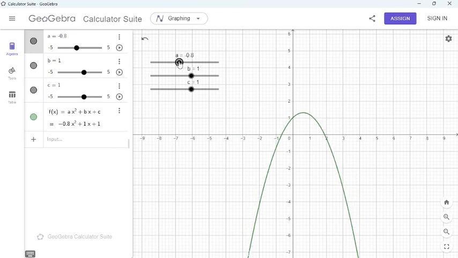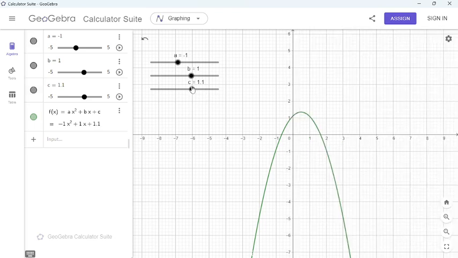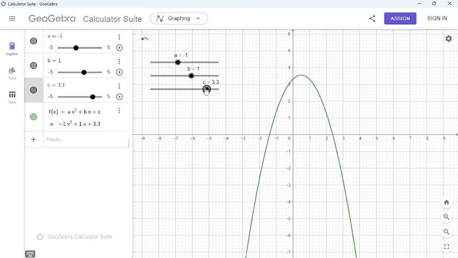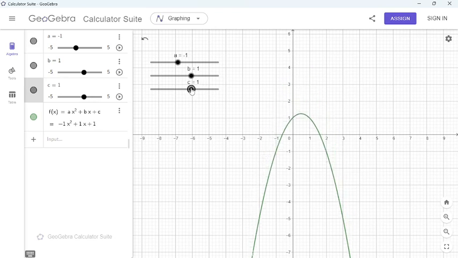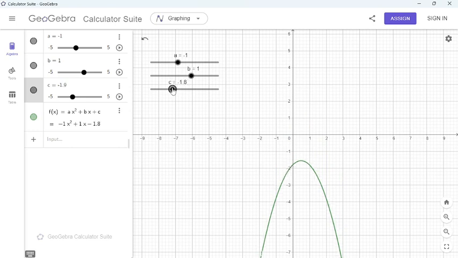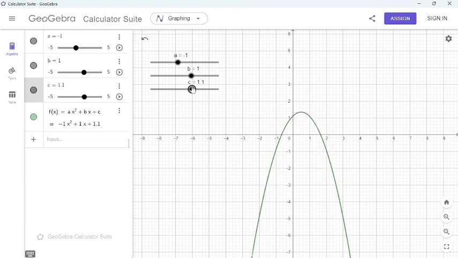When A is negative, C will also do the same. When you shift to positive, the graph will still go up. When it's shifting down to the negatives, then the graph will simply move down. So that is the translation of the parabola with these parameters.